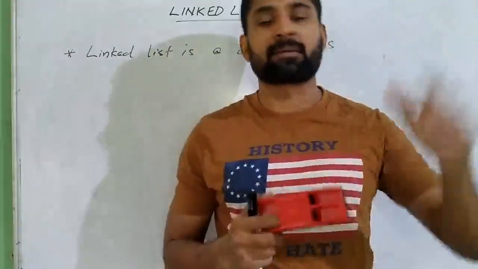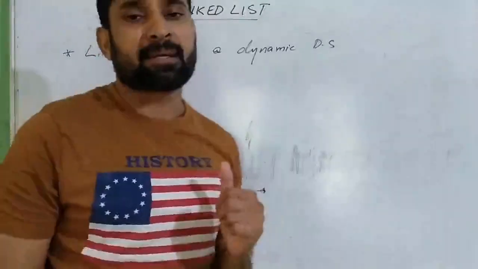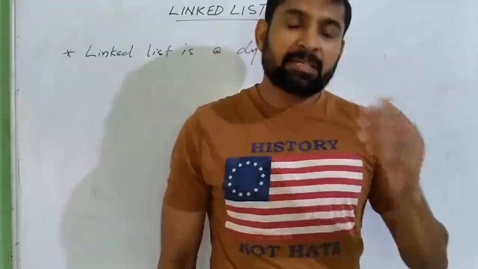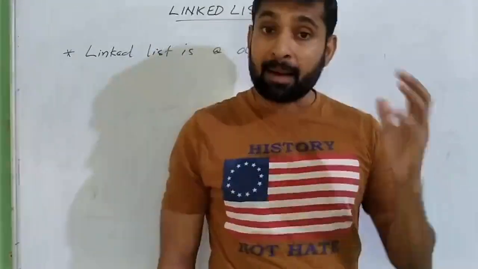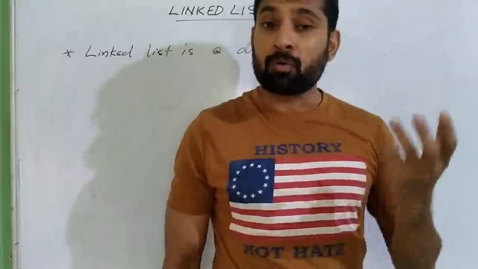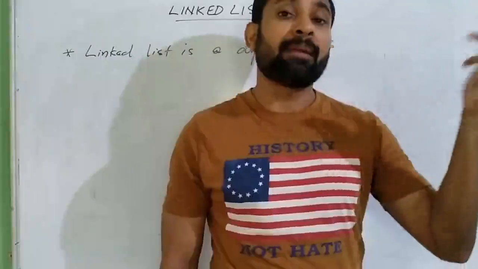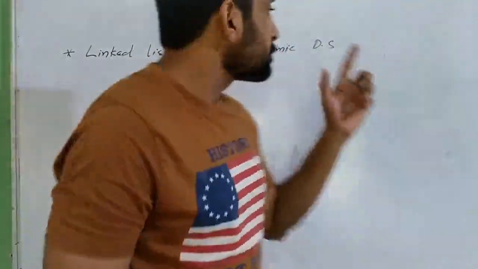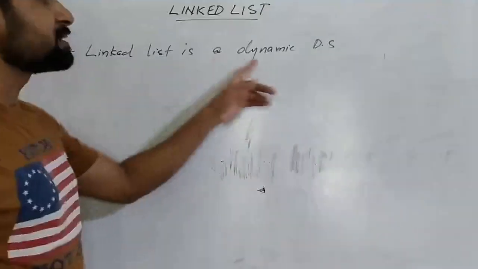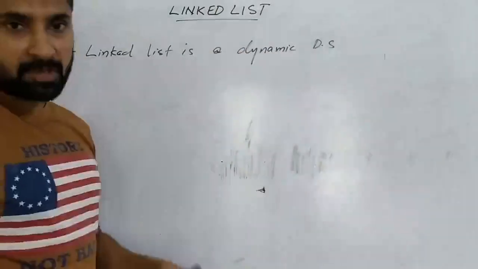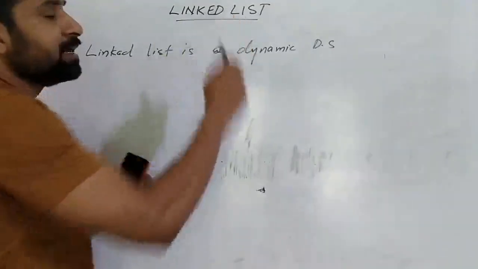Its size is predetermined in the case of static data structure. In the case of dynamic data structure, it can grow as long as free space in RAM is available. So its size is not predetermined. So the first point about linked list is that it is a dynamic data structure.